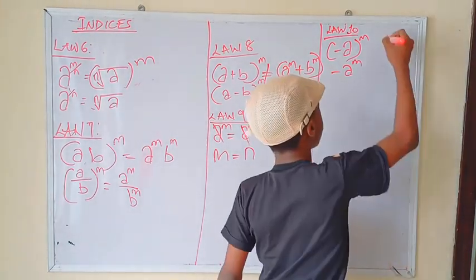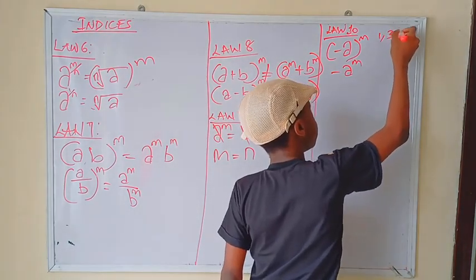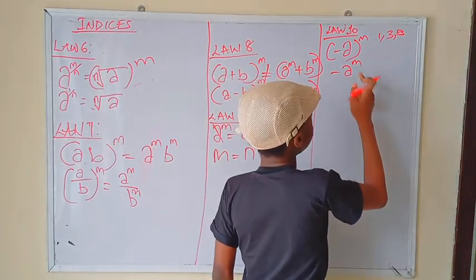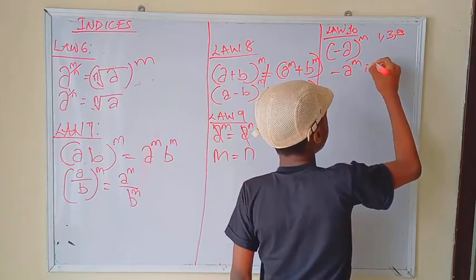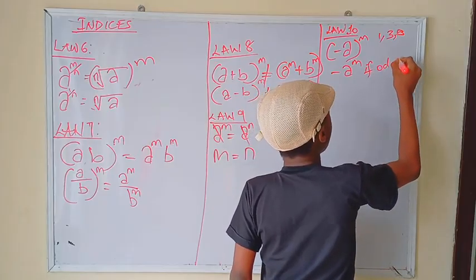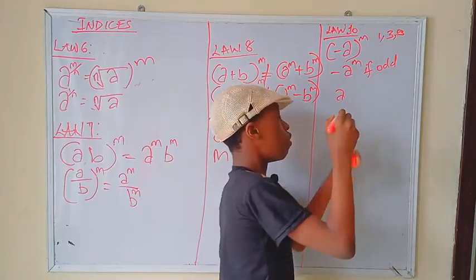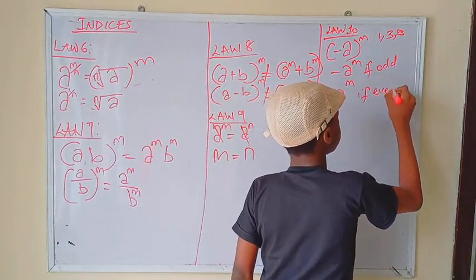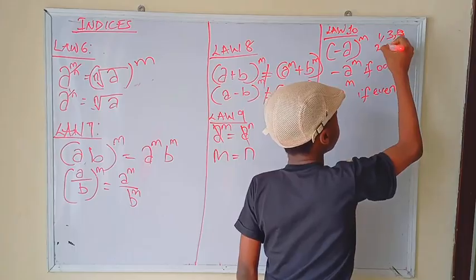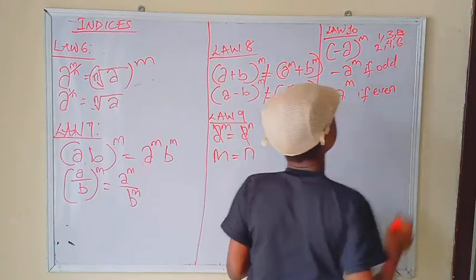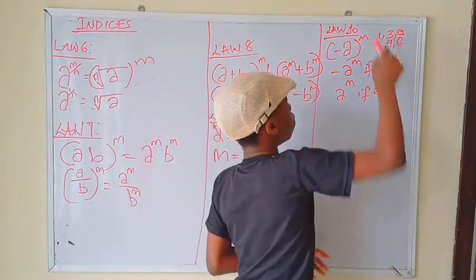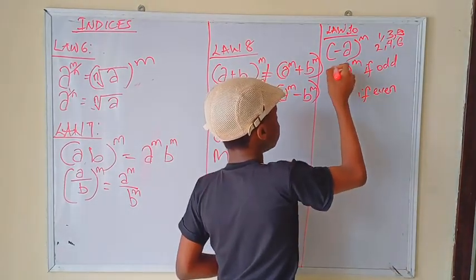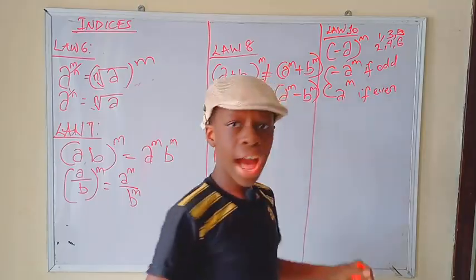And you know odd numbers: 1, 3, 5 and more. It's going to be minus a raised to the power of m if odd, and a raised to the power of m if even number. And you know even numbers: 2, 4, 6. Technically, we don't know if m is odd or even, so technically, this has two answers.